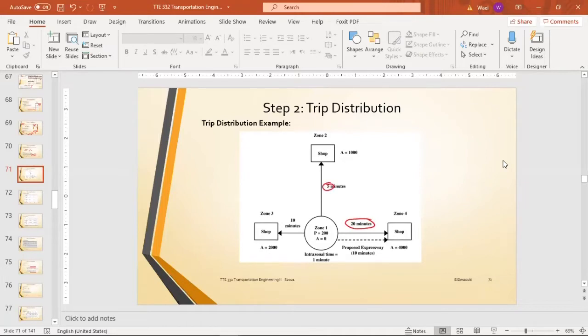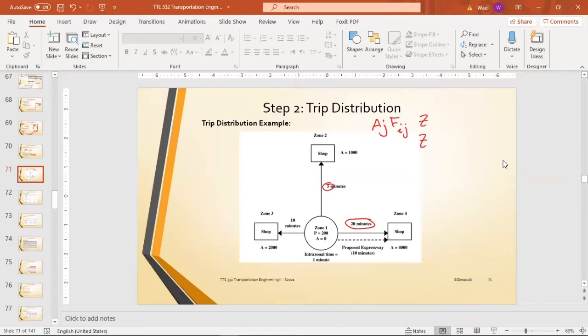So let's calculate the attraction times friction, AJ multiplied by FIJ.